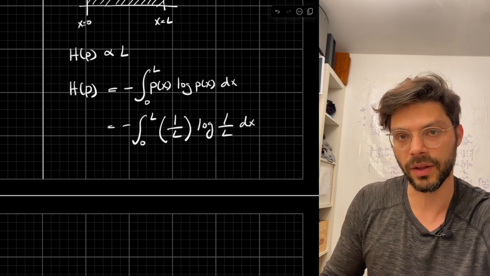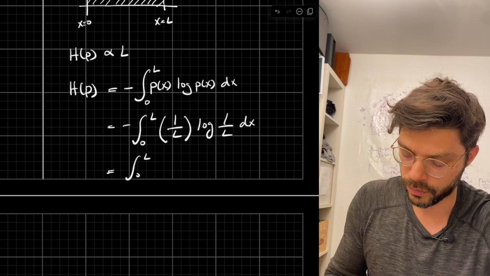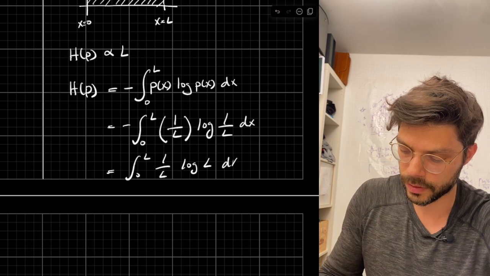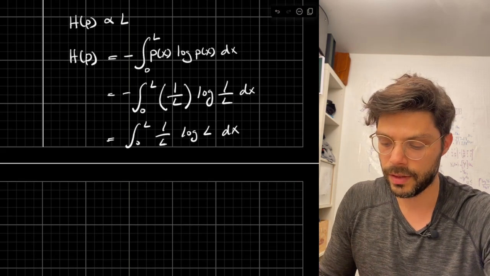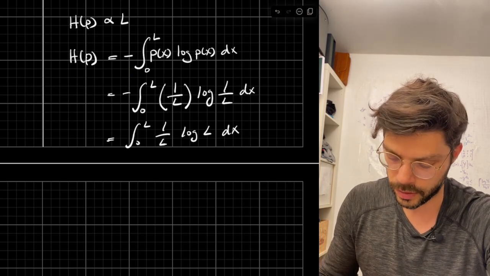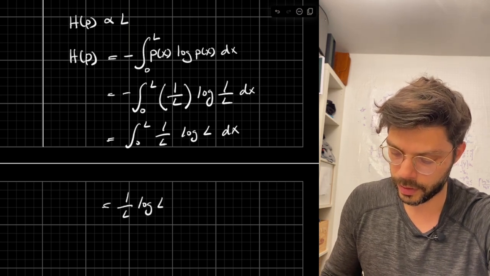And now we've got this minus sign, so we can apply the minus sign to the log. So we'll get the integral from 0 to L of 1 over L times log of L dx. And now you'll notice that none of the terms in the integral actually involve x, so we can just take them to the outside.